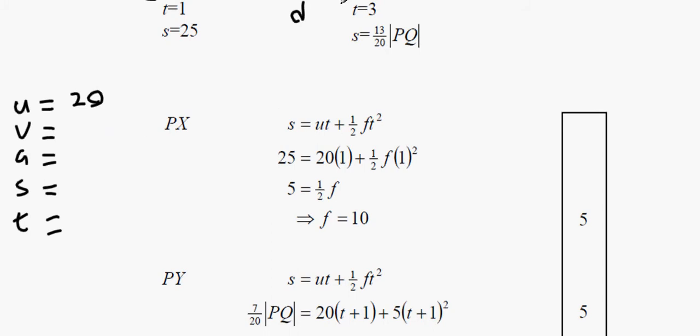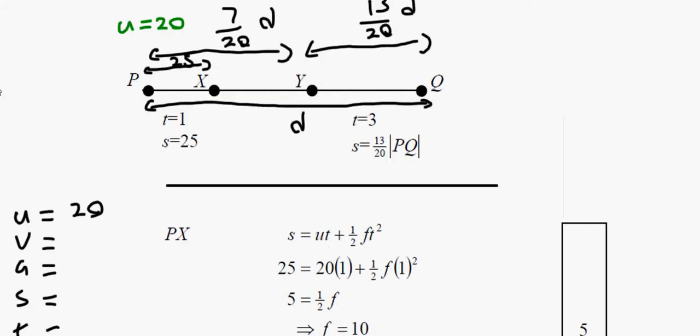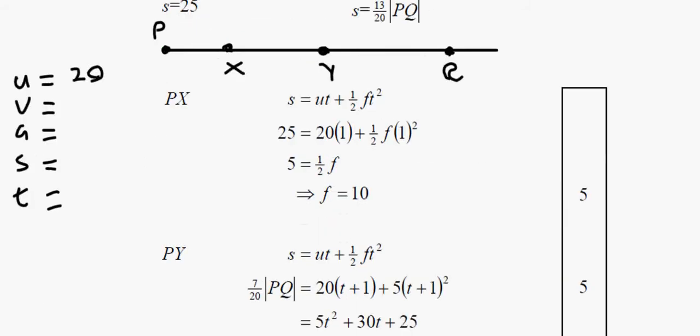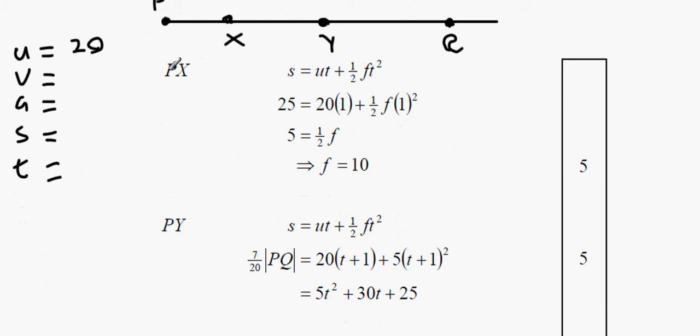Please remember that this is representing P to X, so we can see here P, X, Y, and Q. Let's call the acceleration a. s is 25, and it goes P to X in t equals 1 second of its motion. Because we have 3 items of information, PX is a good information set to use.